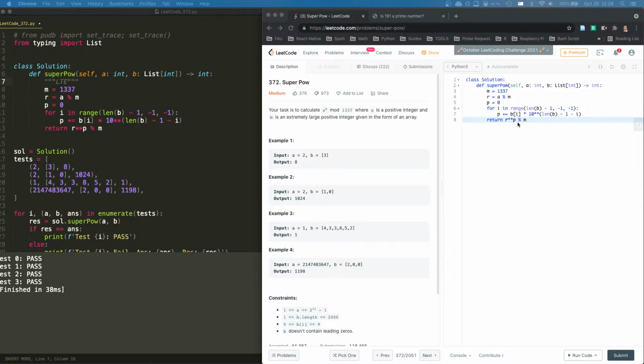Okay. And then when we turn r to this much power, and r is a value smaller than m, and then we do r squared. So it's r squared to whatever power times r mod m, right? And this one is equivalent.